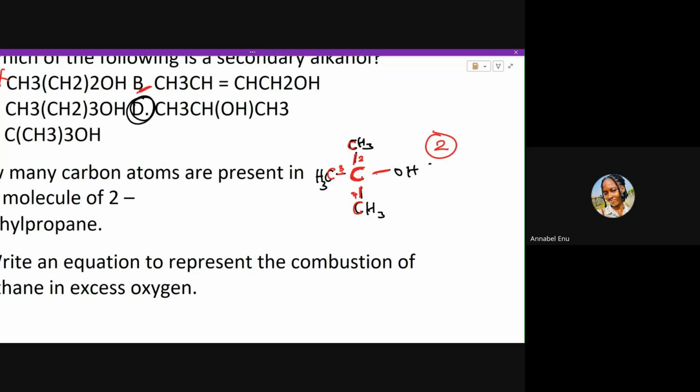So in essence, the carbon carrying the OH group is connected to 3 other carbon groups. And we say when the carbon carrying the OH group is connected to 3 other carbons, it is what? Primary, tertiary, or secondary? Tertiary, ma. Very good. Very good.